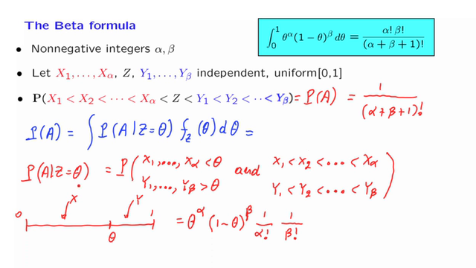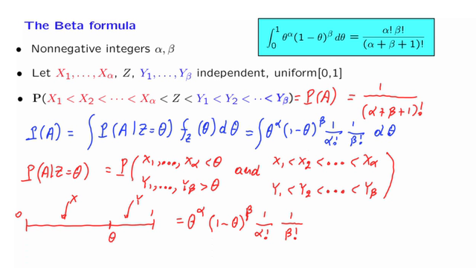Alright, so we have this conditional probability, and now we can go back to this formula and substitute, and what we obtain is the integral of this expression, theta to the alpha, 1 minus theta to the beta, 1 over alpha factorial, times 1 over beta factorial. Then we have the density of z, but since z is uniform, the density is equal to 1, and then we have a factor of d theta.